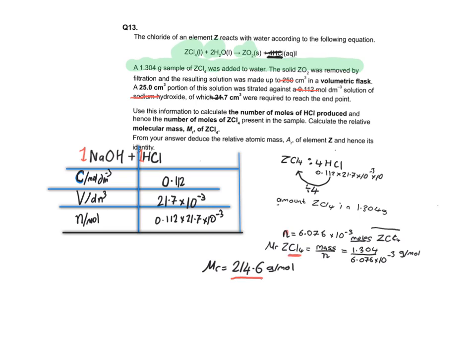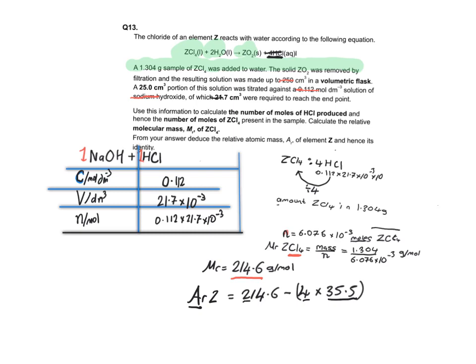214.6, and we know that there are 4 moles of chlorine for every mole of the compound. So we can now work out what 4 moles of chlorine is. So the relative atomic mass of Z is equal to the total MR of the compound minus the mass of 4 chlorines, and chlorine has a relative atomic mass of 35.5.